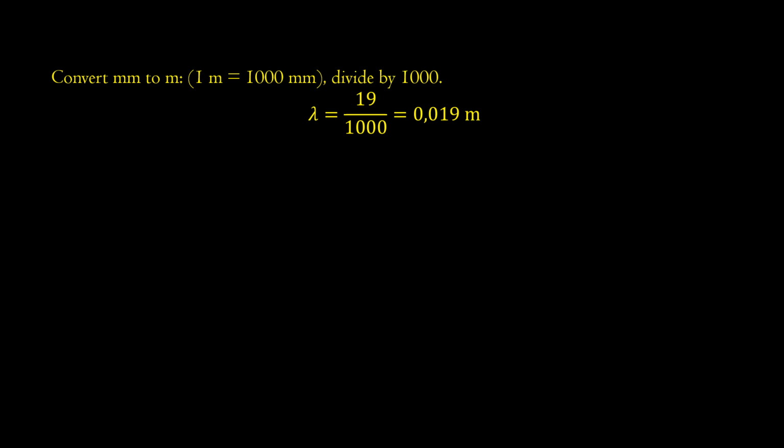Now we can solve using the expression that we derived from the wave equation. So f equals the speed v divided by the wavelength lambda. It is just a matter of substituting the correct value for the speed as well as the wavelength, so that we have f equals 342 divided by 0.019.